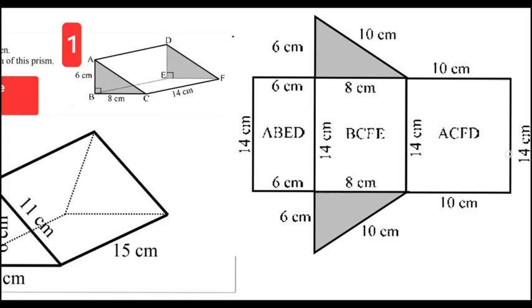Now you can see I unfolded this shape: 2 triangles and 3 rectangles. So front is a triangle, back is a triangle. Now we're looking at 3 sides. This is the first side 6, and then the bottom one 8, and then the top one we need to find.